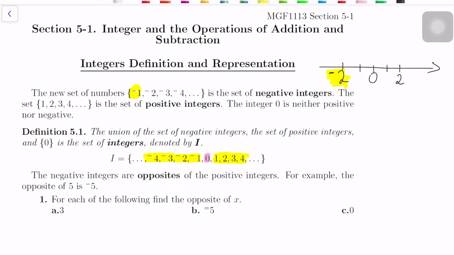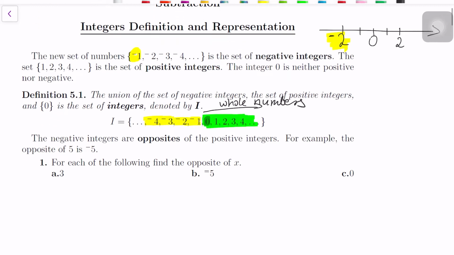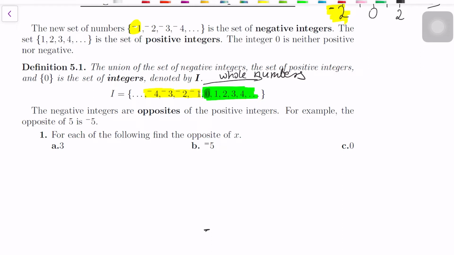So remember this set, 0 and positive integers, this is the set of whole numbers, right? But add to it opposites, and you have the set of integers.